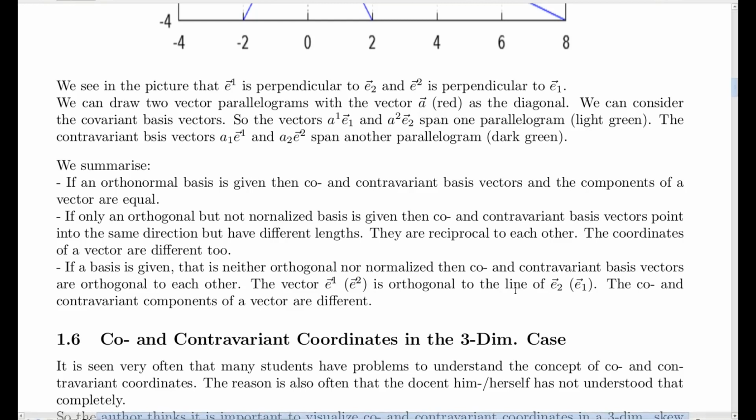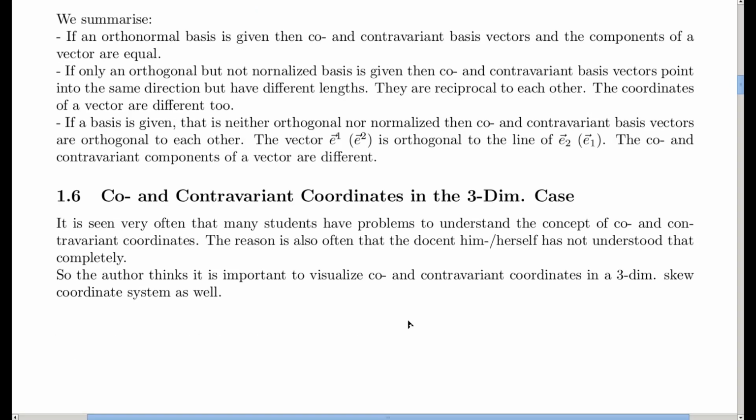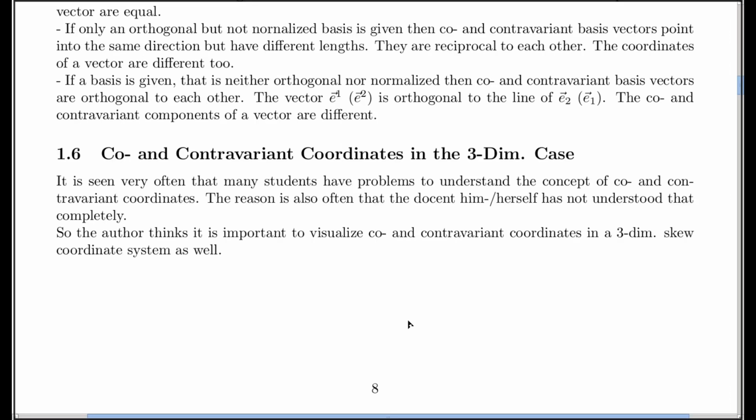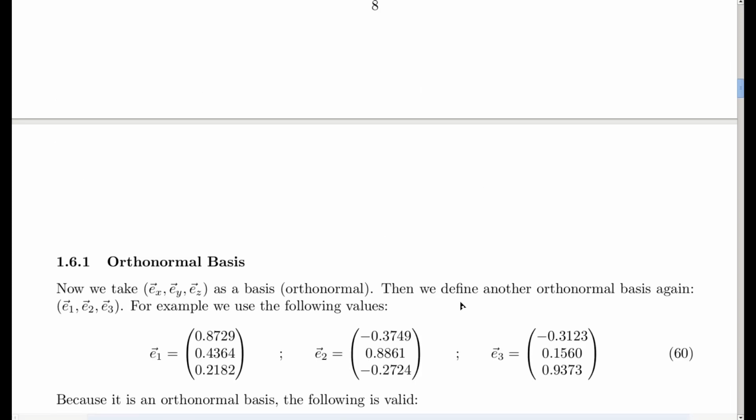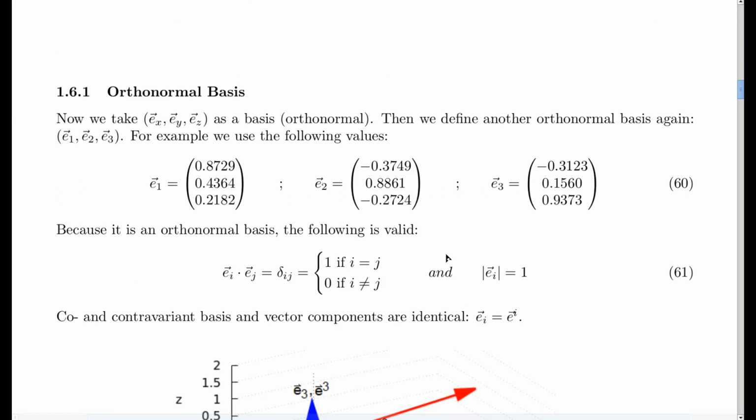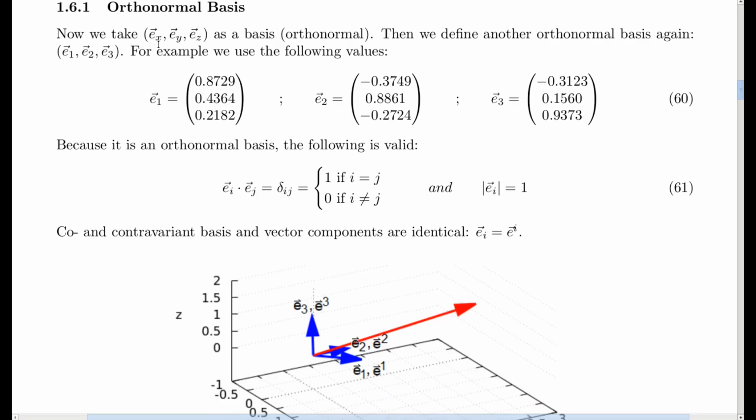Many students have some problems with the concept of co- and contravariant coordinates, so we want to consider a three-dimensional example now. First we start with an orthonormal basis. We have a Cartesian coordinate system with the basis vectors Ex, Ey, Ez, and then we define another orthonormal basis, E1, E2, E3.